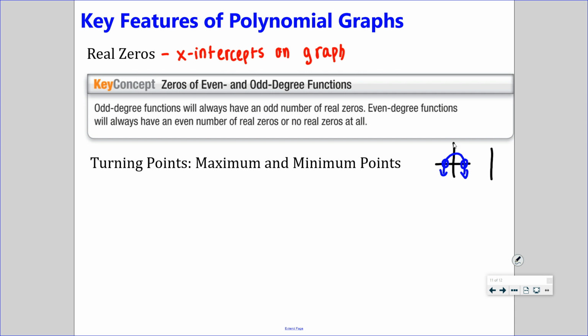That's an even number. Now, we do have ones like this, but remember when it touches, those count as 2? Because when you solve this algebraically, you'd get that answer twice. So that still counts as 2 zeros. Or we could have no zeros at all if we have one of those floaters and we get imaginary numbers. That's what that's saying.